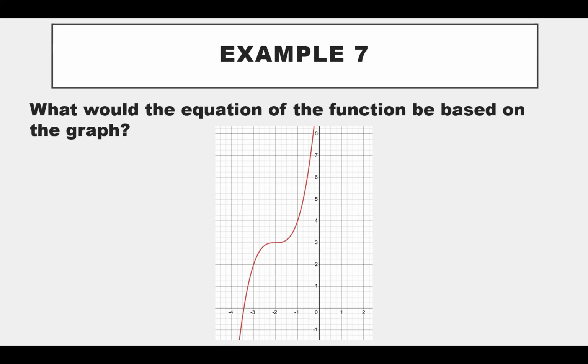Let's take a look at example number 7. If I look at this function, it looks most like the cubic function. That is y equals x to the 3rd power.